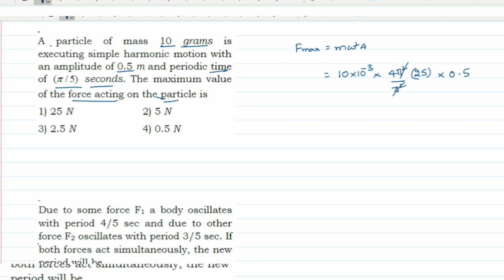Now pi gets cancelled, this is 10 power minus 2, and 25 into 4 is 100, so the 100 cancels, and the remaining value is 0.5 newtons. So 0.5 newtons is the maximum force acting on the body.